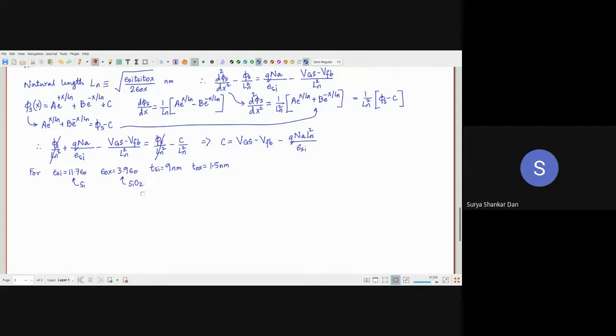However, I'm not going into those complications. I'll just leave Si and SiO2 here to make you aware that we are using these materials for the calculations, but in modern technology we use different materials. Just keep that in mind.